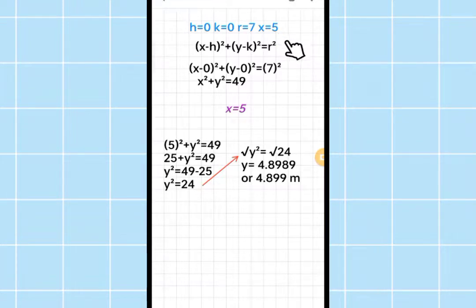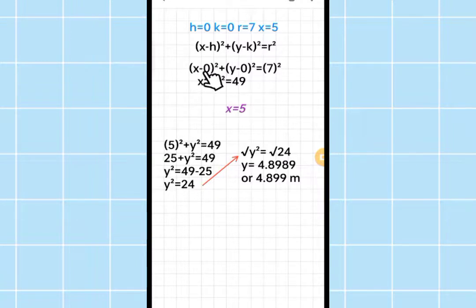Now, to determine how high the tunnel is at the edge of each lane, we will first substitute these values into the standard form of the equation of a circle. Since h is equal to 0, we denote this as 0.